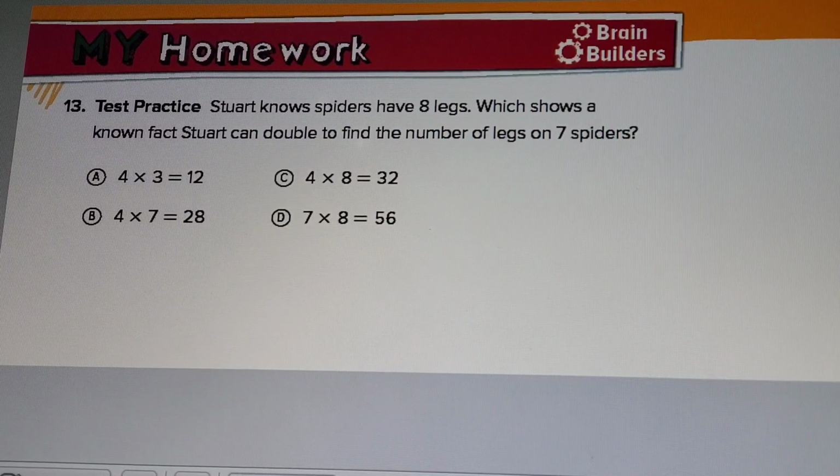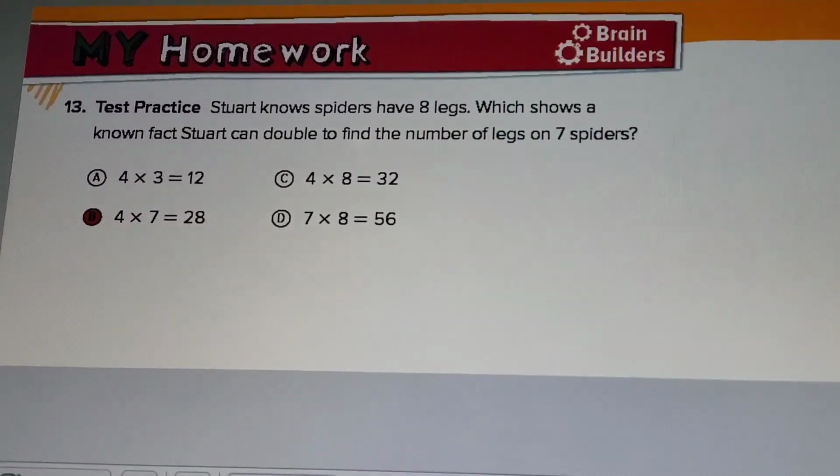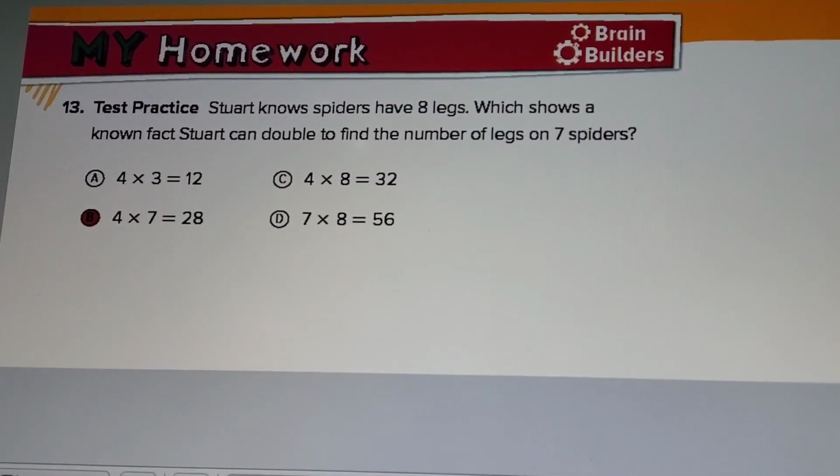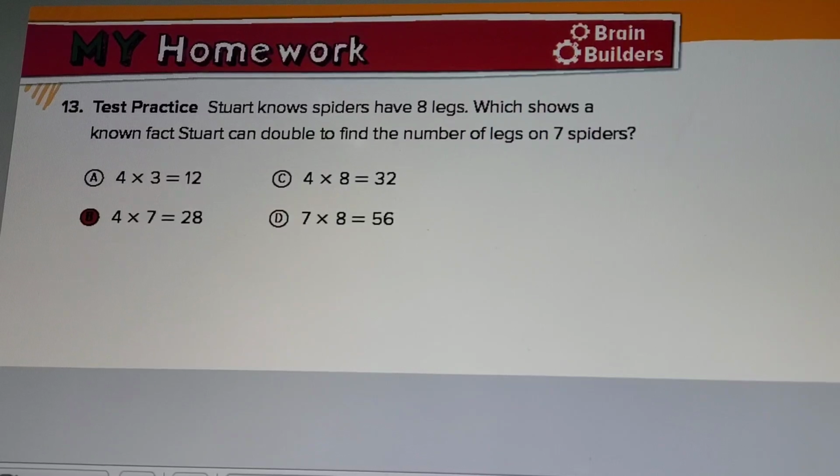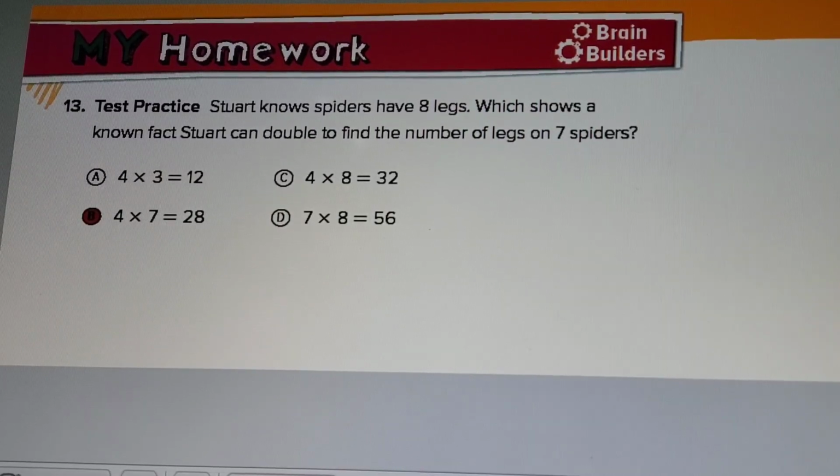I'd like you to take a chance, put your pencil there on your paper or fill in the dot, and now I'll show you the answer. He would be able to double 4 times 7 equals 28, and if he had 4 times 7 equals 28 again, that would be 8 times 7. So that's the answer there.